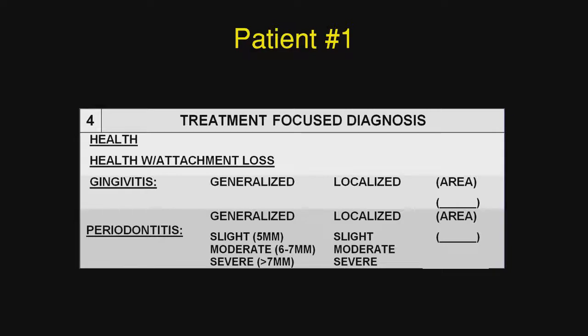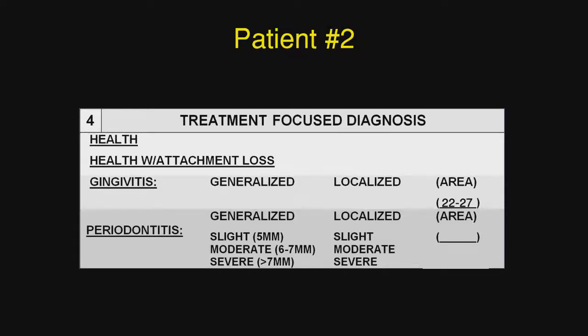So let's look at patient number 1. They have a gingivitis. It is generalized. It is slight. In other words, probing depths are no more than 5 millimeters, and that patient with good home care and good instrumentation is going to get healthy and stay healthy if they'll follow the regimen. Now, contrast that with patient number 2.